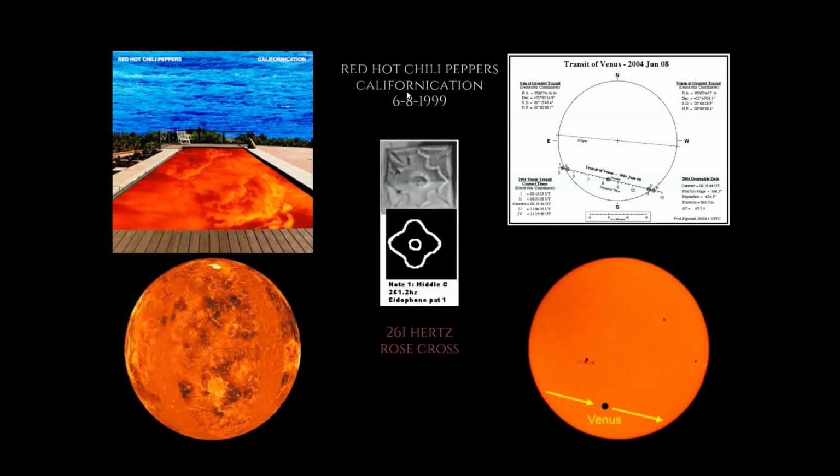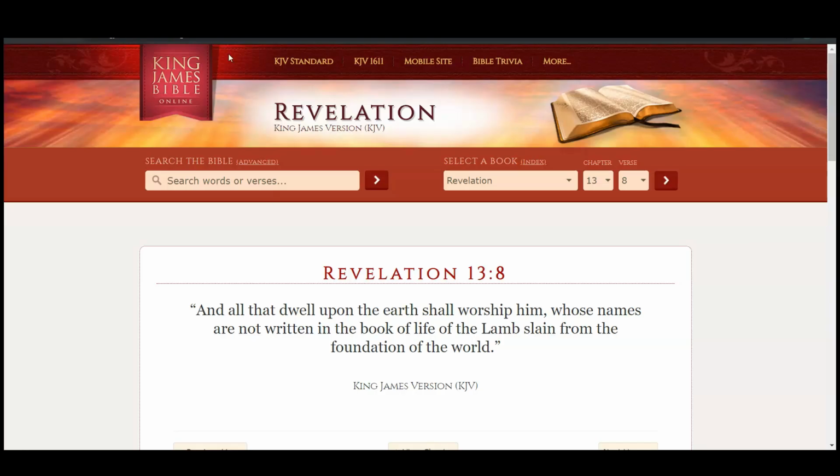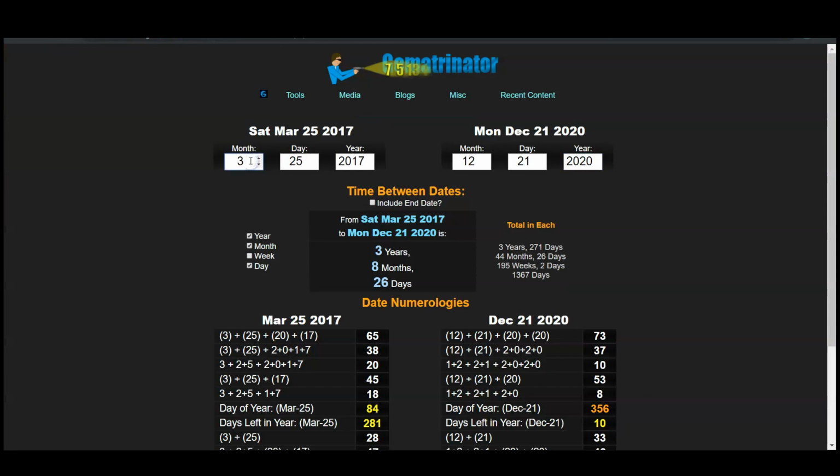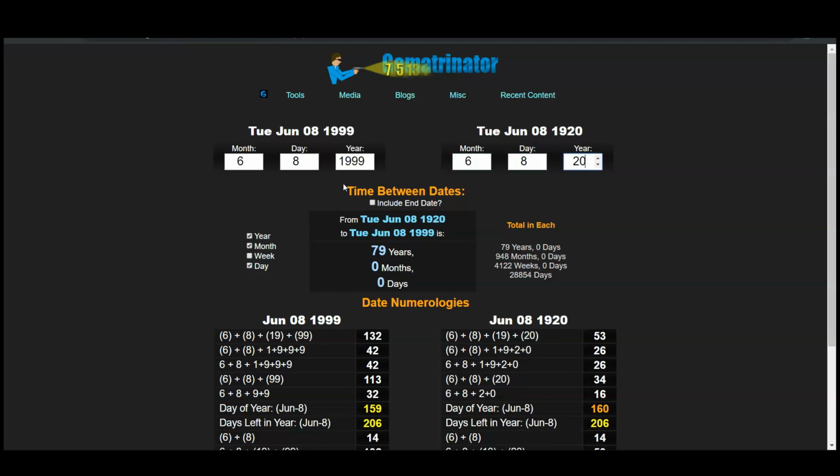If we look at the band Red Hot Chili Peppers, they released their album Californication on 6/8/1999. And we had the Venus Sun transit on 6/8/2004.